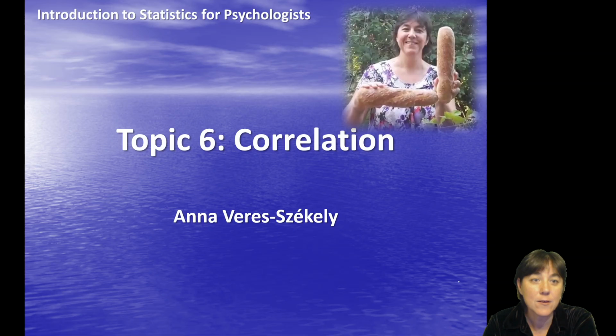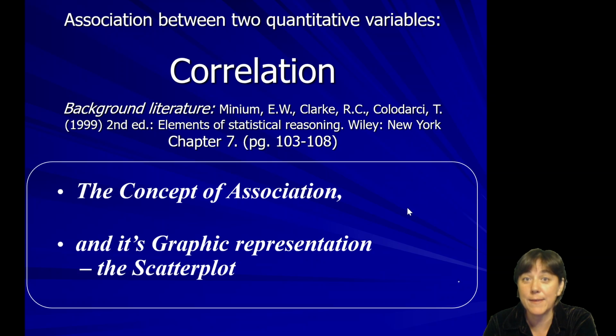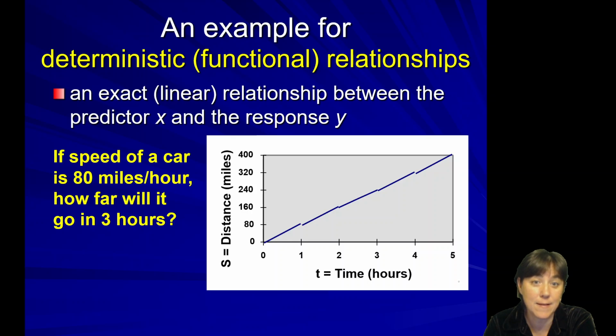So let's start with a very, very easy example, to justify the concept of association by a simple example: deterministic or functional relationships. If you take a car which travels at 80 miles per hour, how far will it go in 3 hours? Simple, we can calculate, right?